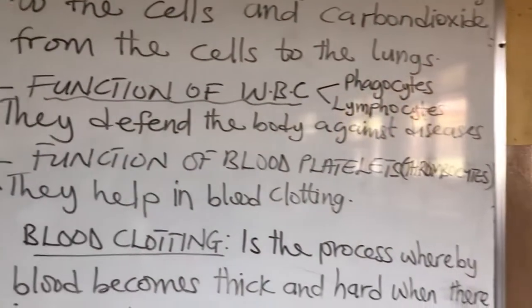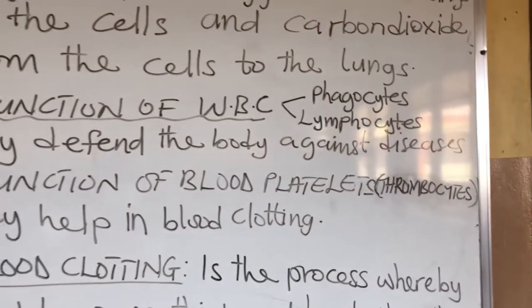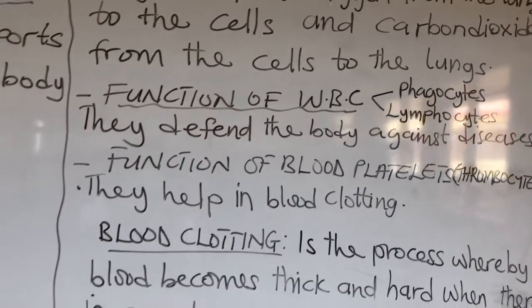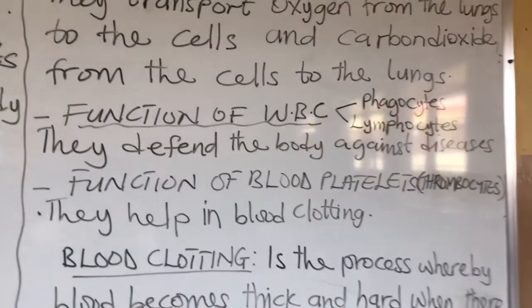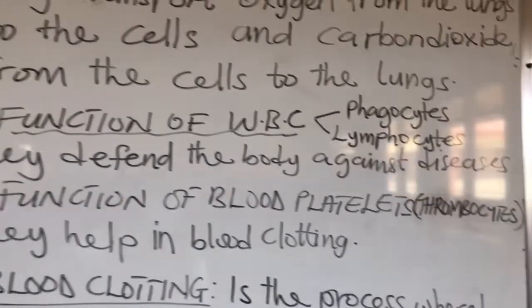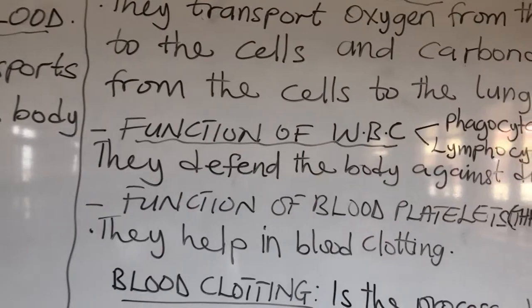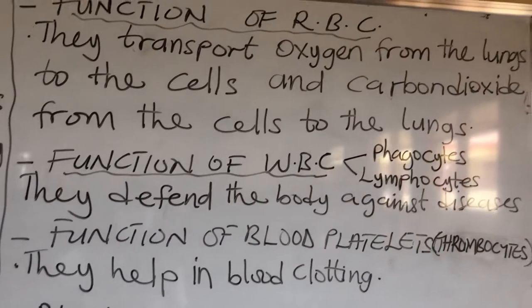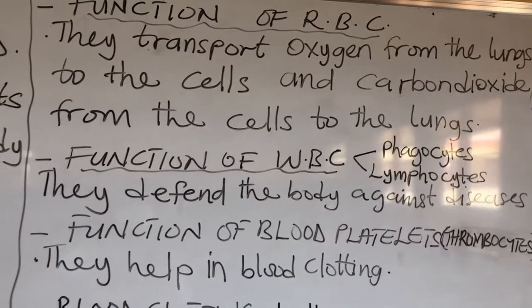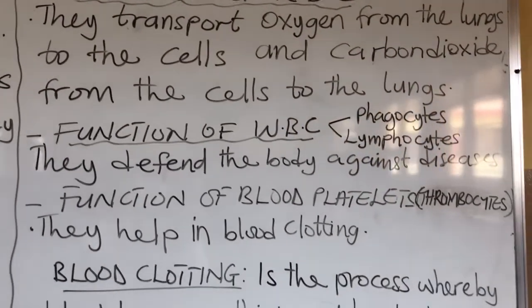And you know, it has two forms or parts, which are the phagocyte and the lymphocyte. So you can see that the phagocytes are the cells present in the body that are able to absorb bacteria and kill them. That is, if any bacteria or germs enter the body or the blood, it attacks them and kills them.